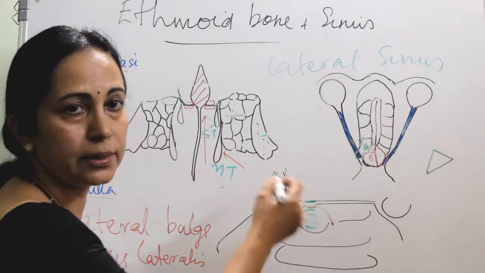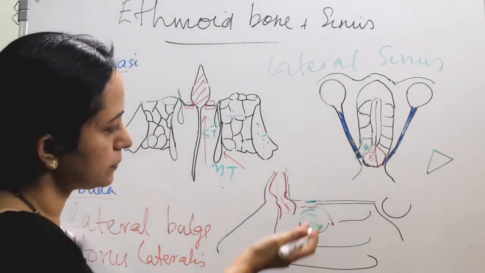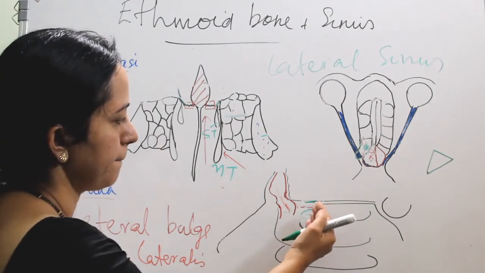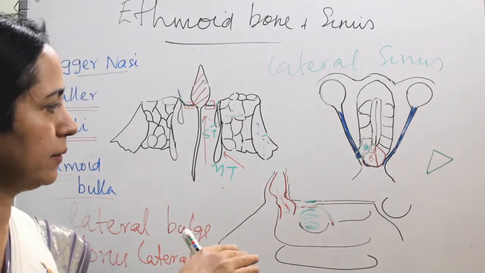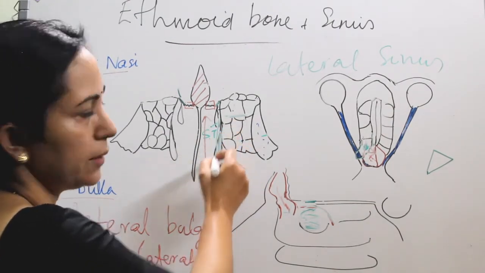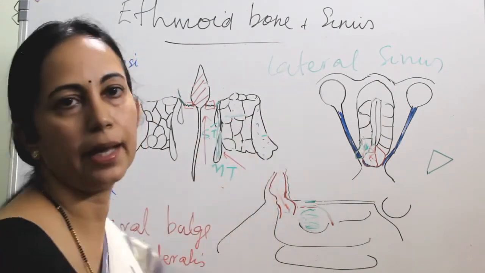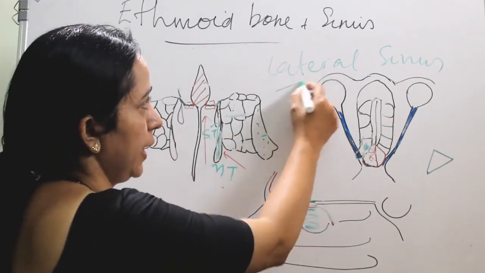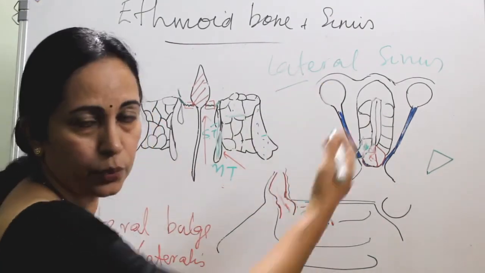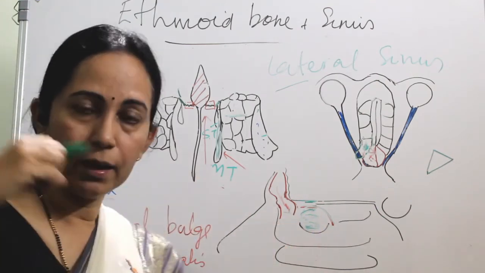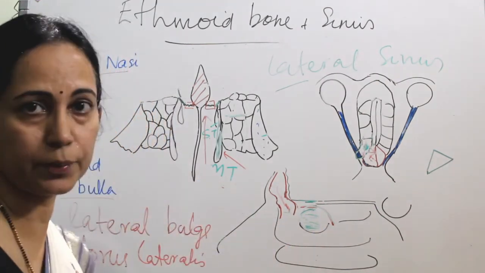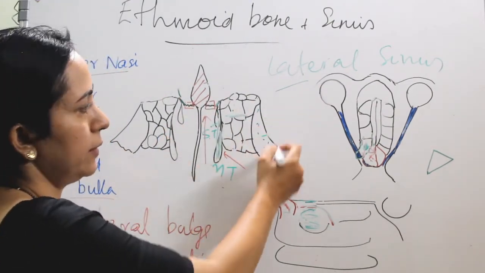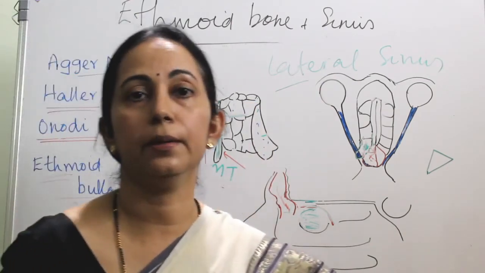Above is the roof of the ethmoid. Below is the roof of the ethmoid bulla. Medially will be the middle turbinate, and laterally the orbital plate or lamina papyracea. So you have also studied the boundaries of the lateral sinus.